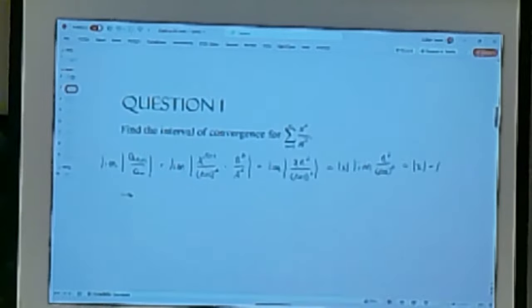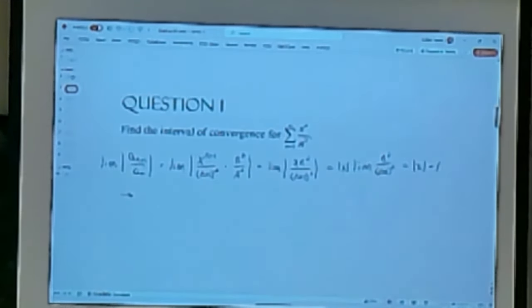You also should have studied these interpretations in algebra when you're looking at solving absolute value equations and inequalities.